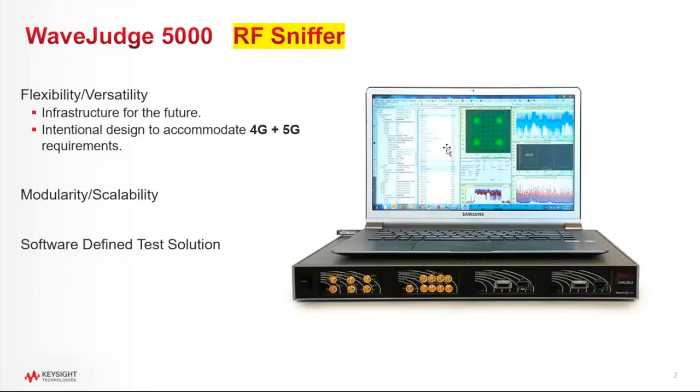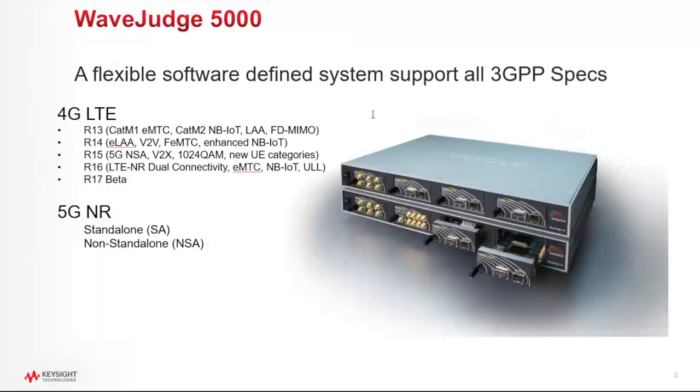So there are two use cases here. One is WaveJudge captures the RF, and the software provides the analysis. Number two, you're using the WaveJudge software package only because you don't have an RF signal. You have the baseband IQ, and we're going to use the WaveJudge software to analyze that IQ for both 4G and 5G. Hope that's clear.